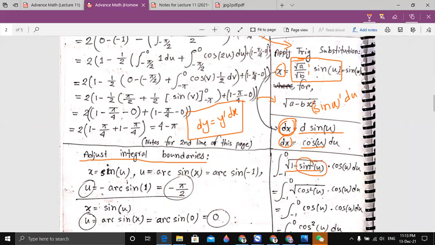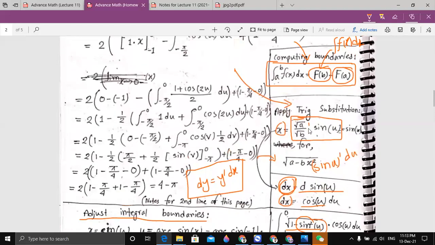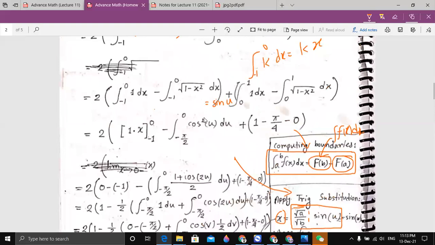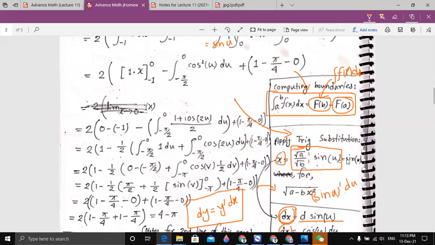We let x equal to sin u, right? We let x equal to sin u.